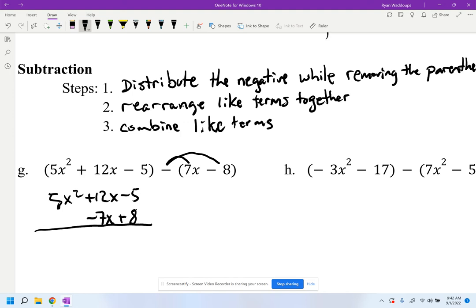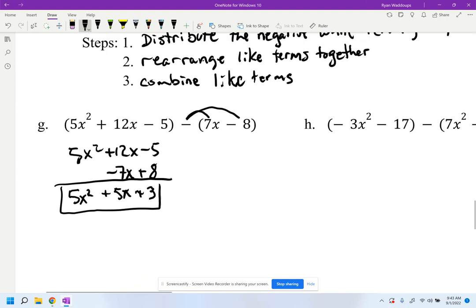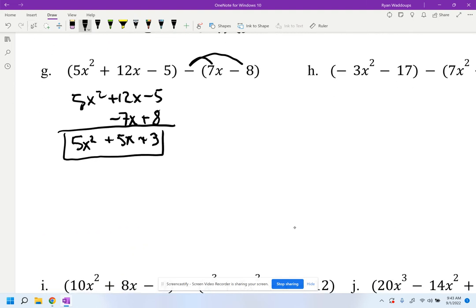We just change the signs of them. Now that the signs are changed, we combine them just like we did in the other example. So we got 5x squared plus 5x plus 3.